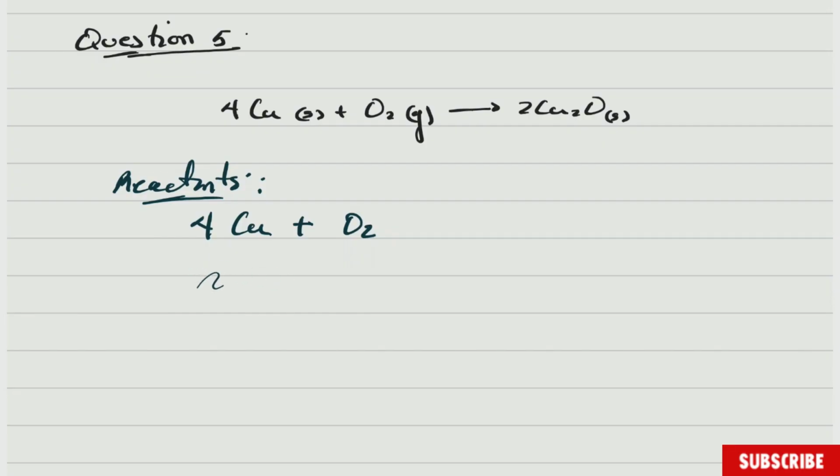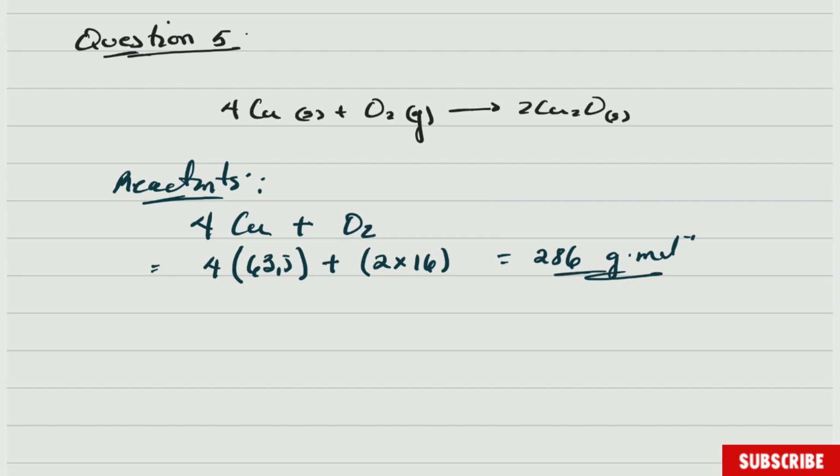So what we have here, 4 times the mass of copper, which was 63,5 plus 2 times 16. This will give me 286 grams per mole.